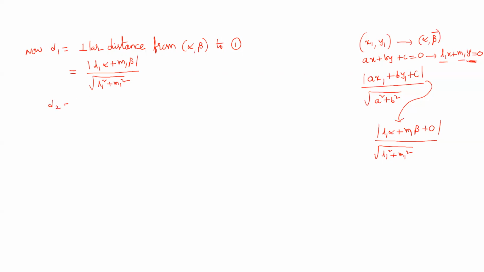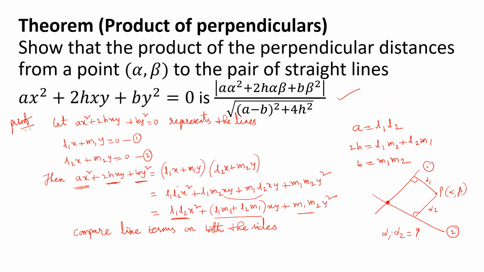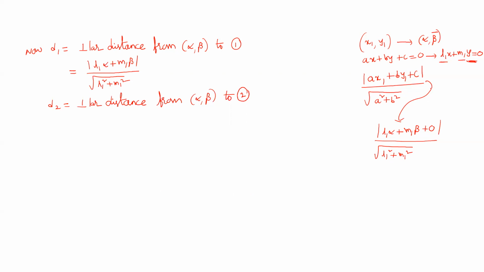Similarly, D2, which is the perpendicular distance from alpha comma beta to the second line. Second line means L2x plus M2y is equal to 0. So here, instead of L1x plus M1y, I am going to take L2x plus M2y.